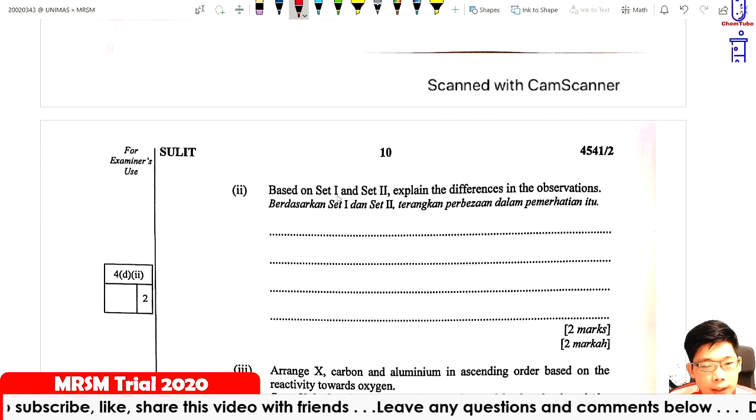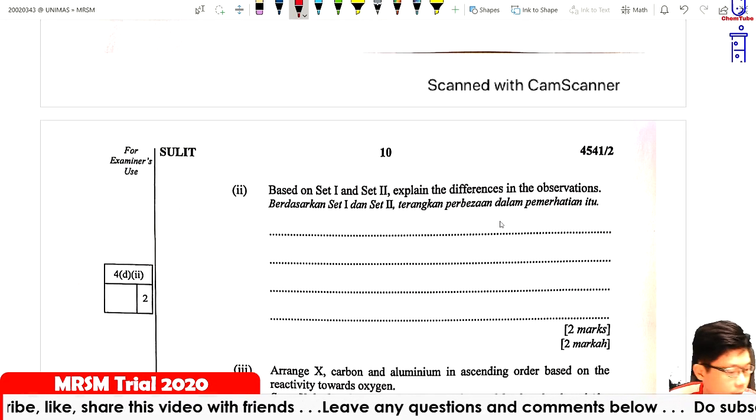Based on set 1 and 2, explain the difference in the observation.